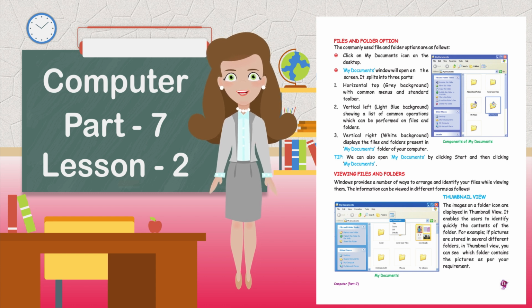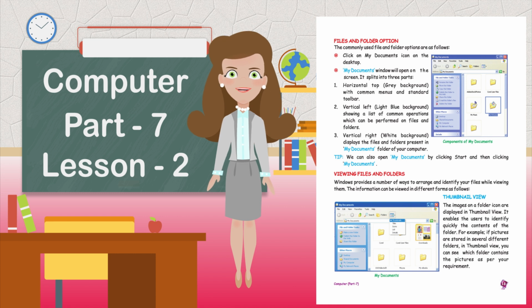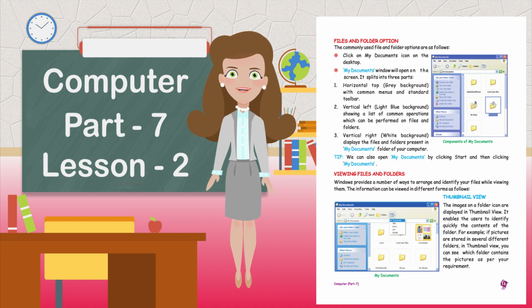It enables the users to identify quickly the contents of the folder. For example, if pictures are stored in several different folders, in thumbnail view, you can see which folder contains the pictures as per your requirement.